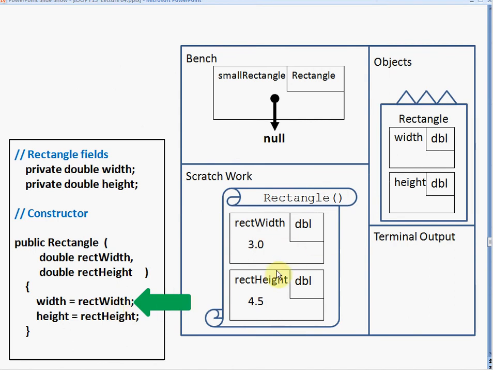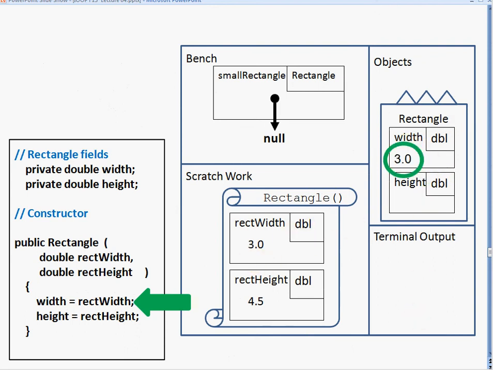We first look on the scratch paper, and if we can't find it on the scratch paper, then we'll go and look in the object and see if perhaps there's a field with that name. So this says rect width. We look on the scrap paper, and sure enough there's a variable called rect width of value 3.0. We're going to put that 3.0 into the location called width. We look on the scrap paper, there's nothing called width, but we go back to the object and there is indeed a width. So we're going to copy that 3.0 up to width.